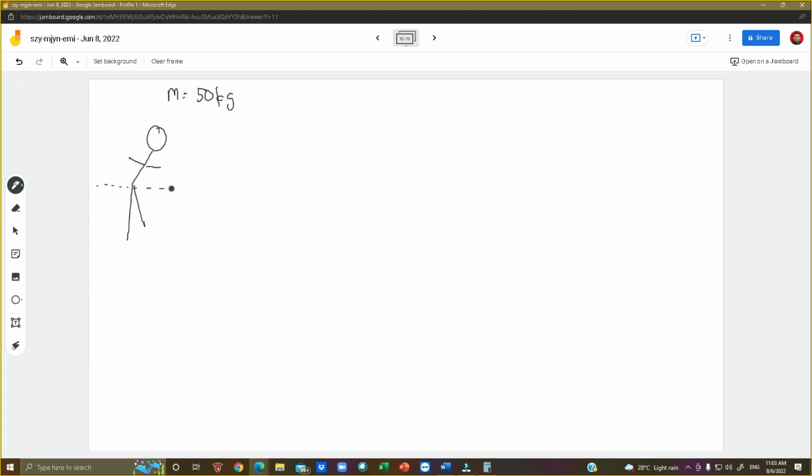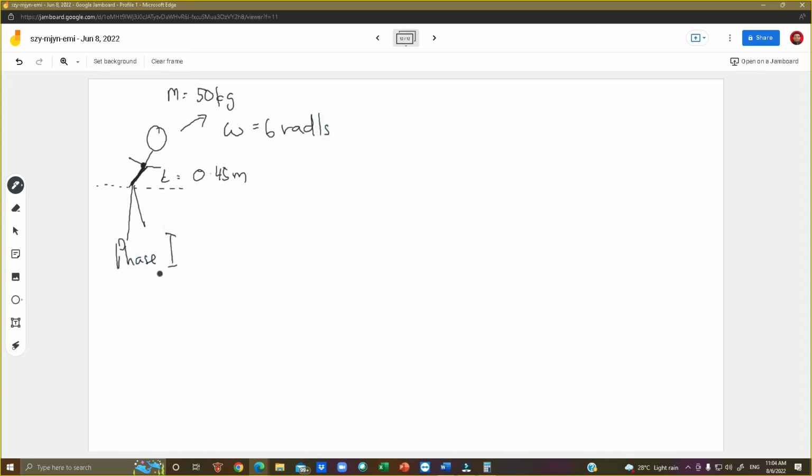Dia ambil titik tengah. Okay, and then dia ambil tengah-tengah berat dia. Okay, so this transverse plane K equals to 0.45 meter. Okay, and this person jumps with a velocity of 6 radians per second. Ni phase 1.